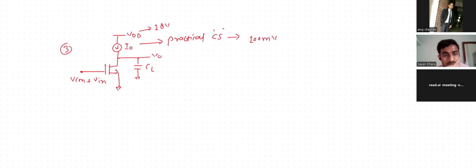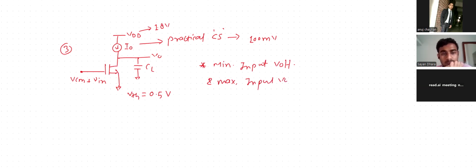So the VTH for the device is 0.5 volt. What I need is the minimum input voltage and maximum input voltage so that your transistor can be used as an amplifier.